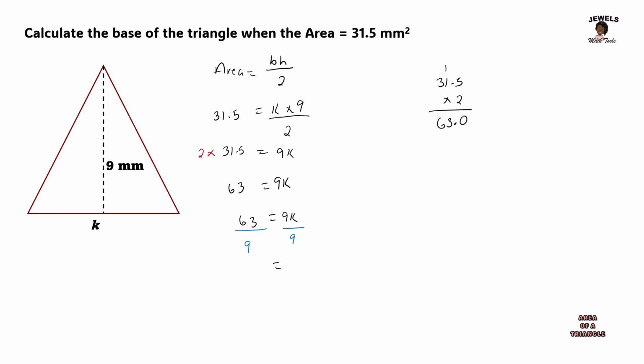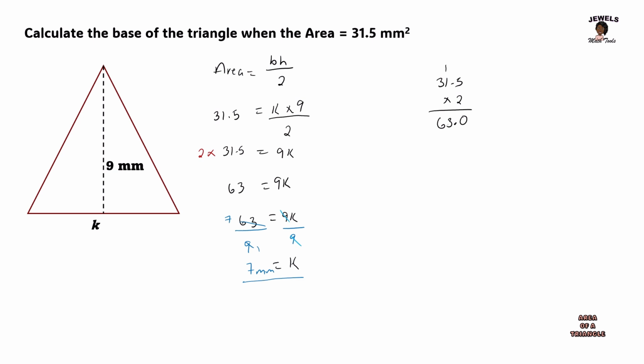So on our right-hand side, 9 will divide into 9 one time, which will leave us with just k. And then on the left-hand side, when 9 divides into 63, that will give us a quotient of 7. So our k will be equal to 7 millimeters.